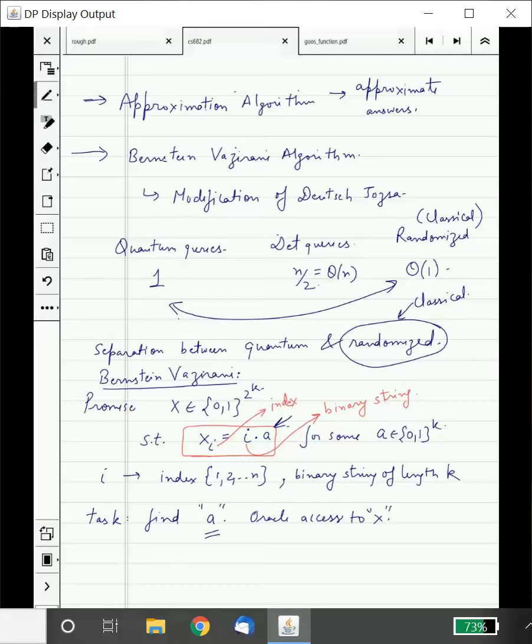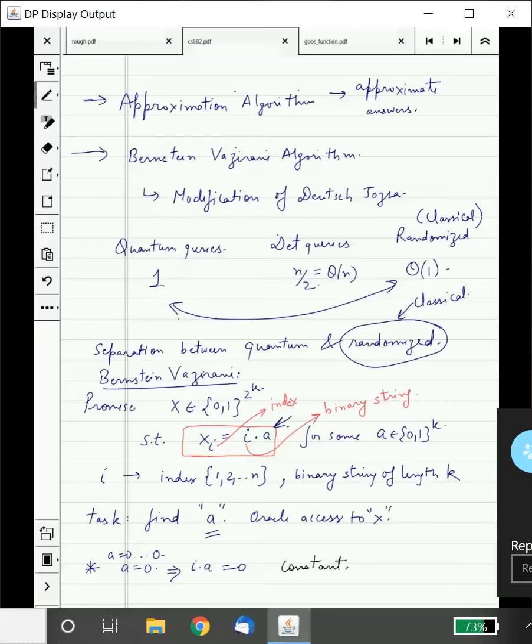If you think about it a bit, this is very much like Deutsch-Jozsa. When a is equal to 0, I mean it is all zeros, i dot a will always be 0. This corresponds to x being constant.